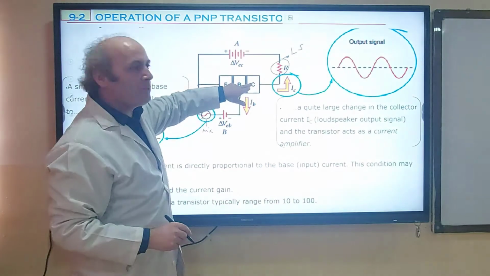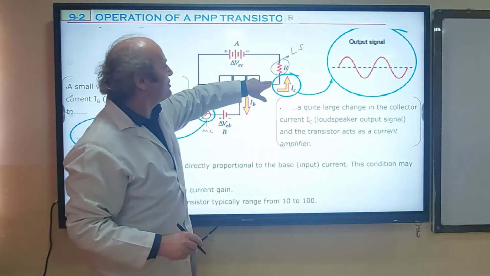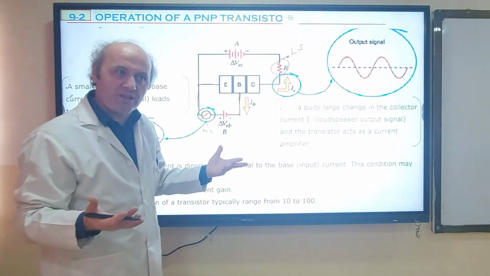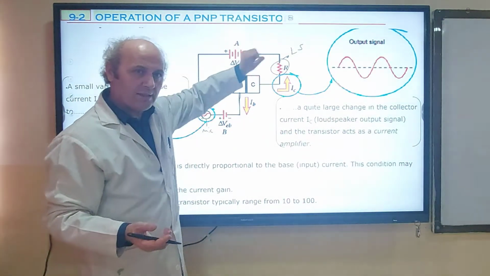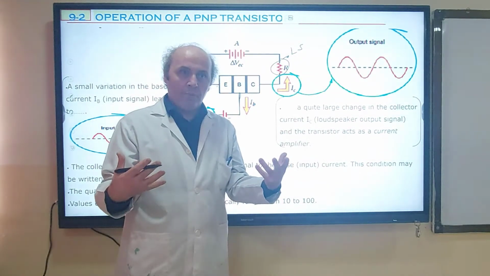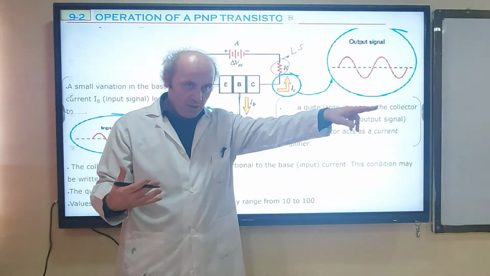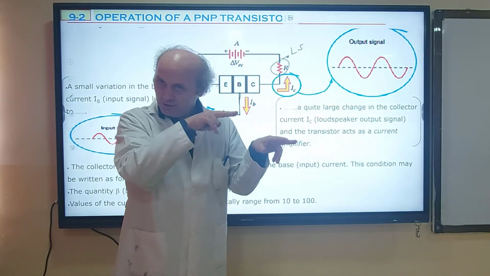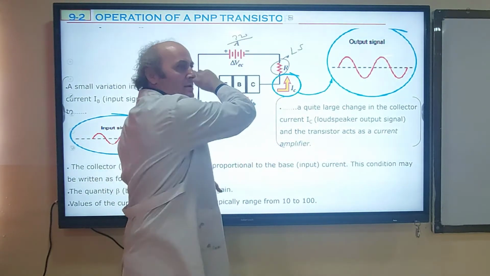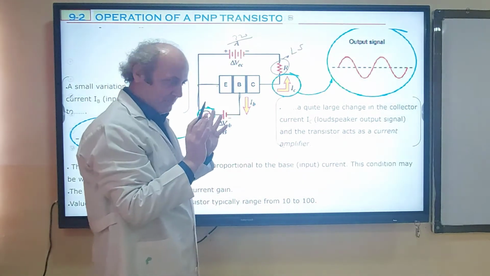It is connected between where and where? Between the collector and emitter. That is, the output source is connected between emitter and collector. Of course, it needs a very powerful battery, right? 220, because you plug the loudspeaker to 220. It must be such a high battery.